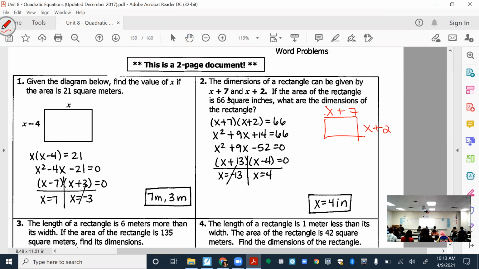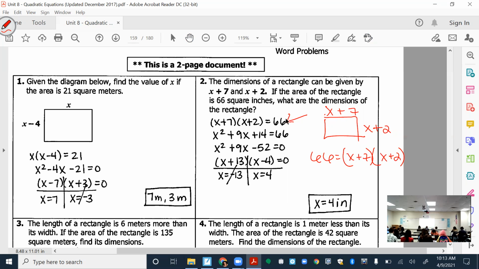The area is 66 square inches. So if we plug that into our formula for area equals base times height, that's where I get x plus 7 times x plus 2 equals 66. That's the same thing that they have written here.